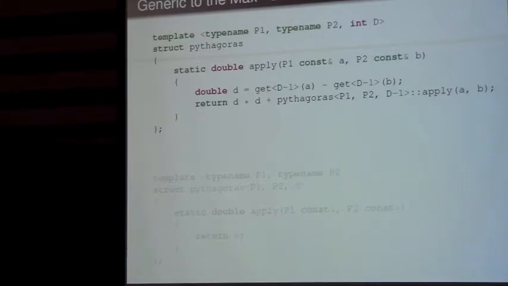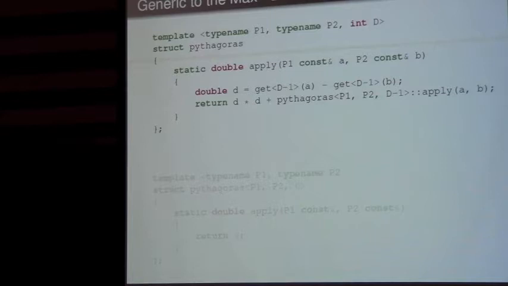So, type 1, the type of point number 2, and now we have this apply. And apply is going to take whatever the dimension is, minus 1, and it's going to get its value out.